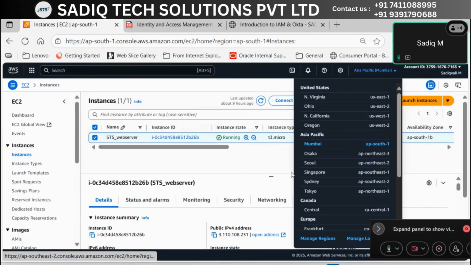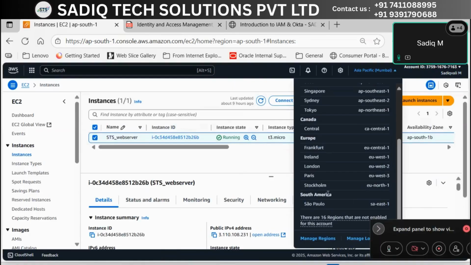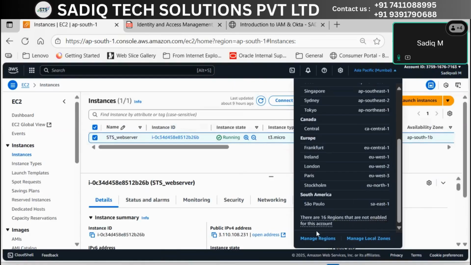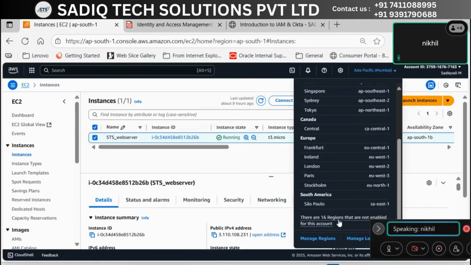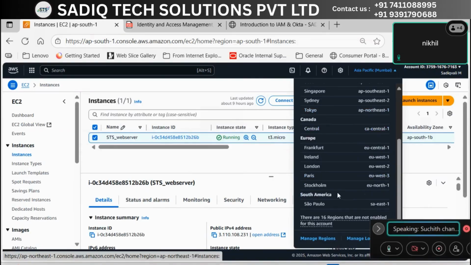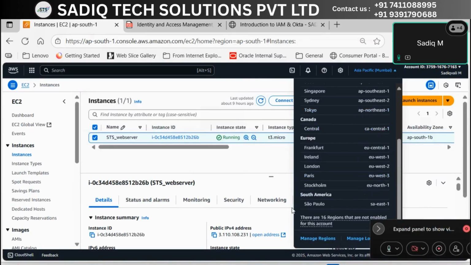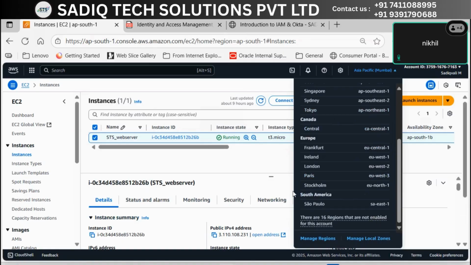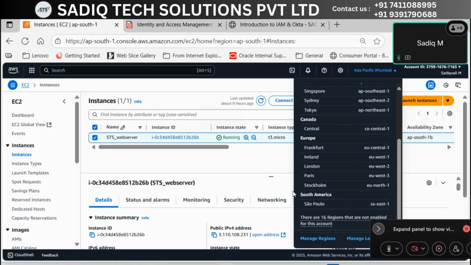Seoul, we have Sydney, we have Singapore, we have Tokyo. Frankfurt, we have European countries, we have South America, Sao Paulo, Mexico. Perhaps 16 regions are not enabled, and the remaining are all enabled. I think in future in Hyderabad also you might see an Amazon data center. Yeah, they're planning. I also heard that they are planning one in Hyderabad.